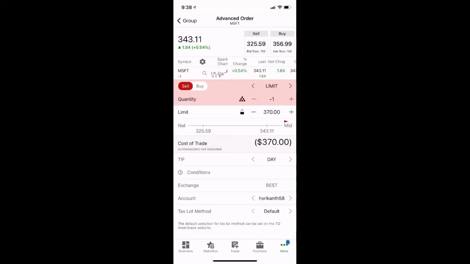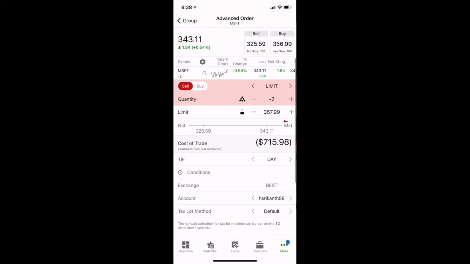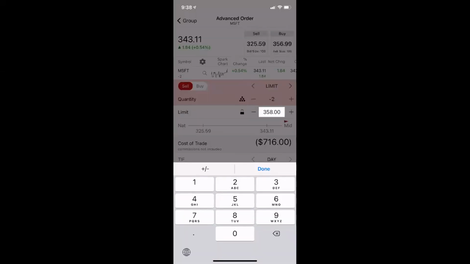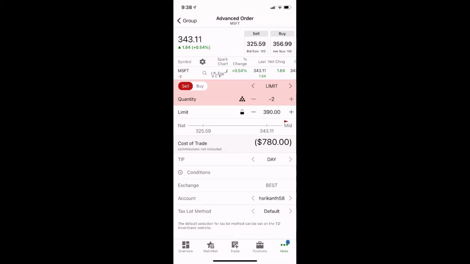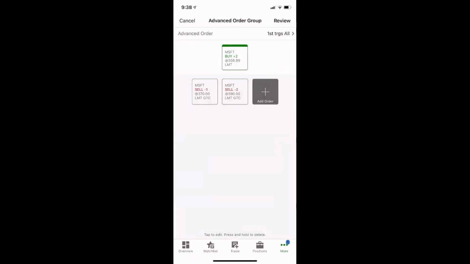I select time in force GTC, and the other one I want to sell for 390. So this is my target one, and this is my target two.